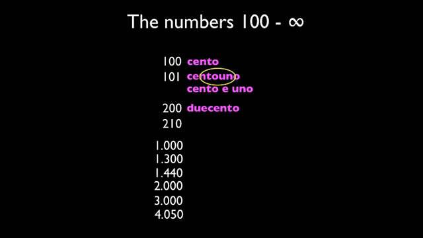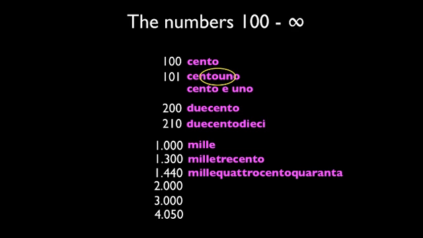200 is duecento, and so forth. Here's 210, duecentodieci, and so forth. 220 would be duecentoventi, and so on. 1,000 is mille, 1,300, milletrecento, 1,440 is millequattrocentoquaranta.